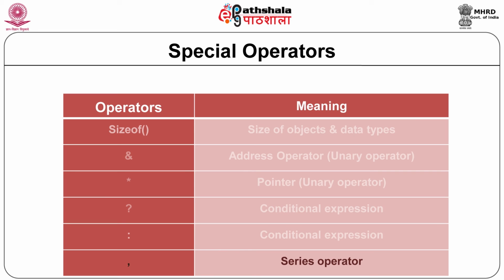Then the pointer is also a unary operator which points to the address of a variable. The conditional operator is used to check whether a condition is true or false. And the comma, that is the series operator, is used to separate variables or characters.